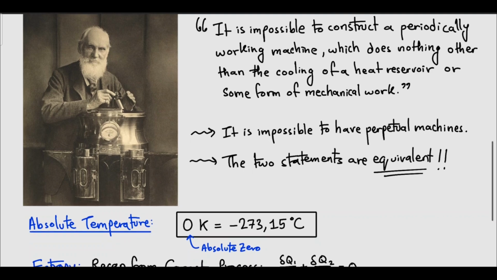But yeah, so the absolute zero was defined using the triple point of water, and it is defined as minus 273.15 degrees.